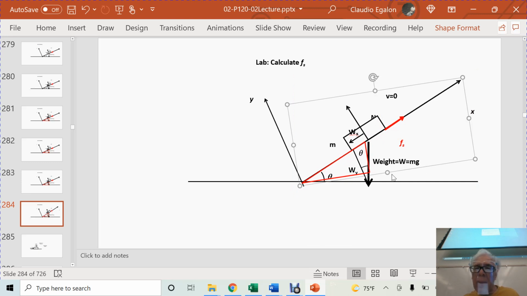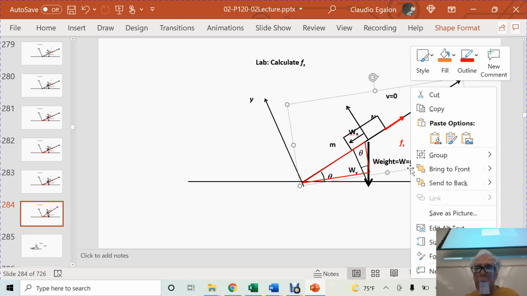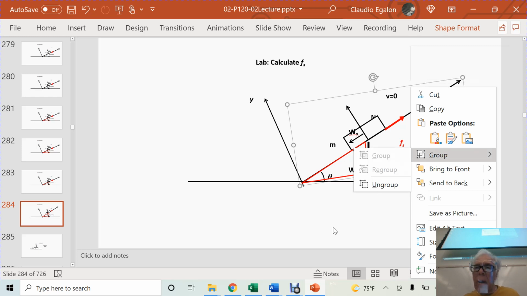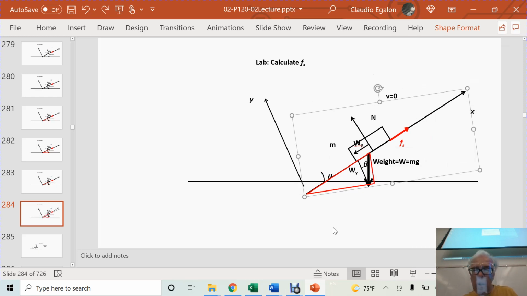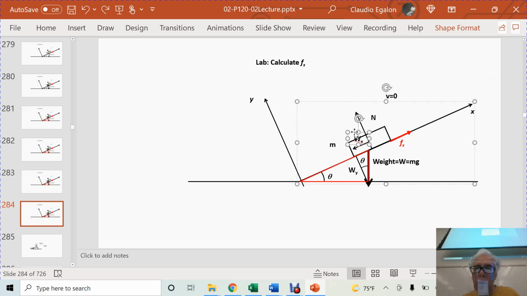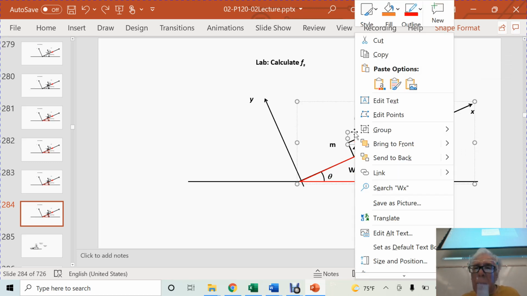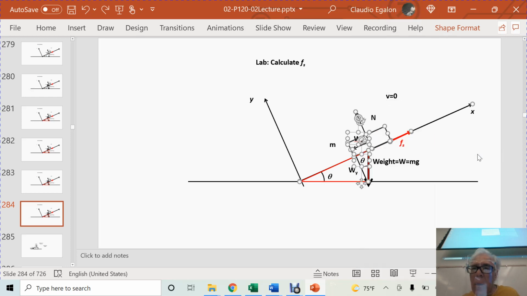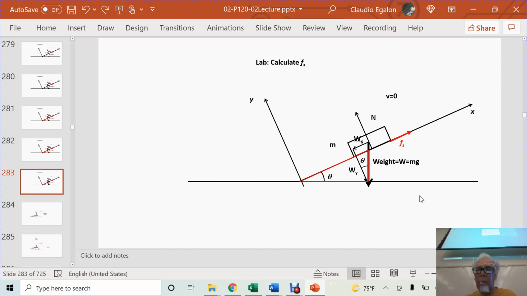It's just that this triangle became odd, but I will fix it. This one, I don't want it grouped. Oh gosh, what did I do now? Okay, good. I don't want those labels selected, so I gotta click that one by one. There's no other way.